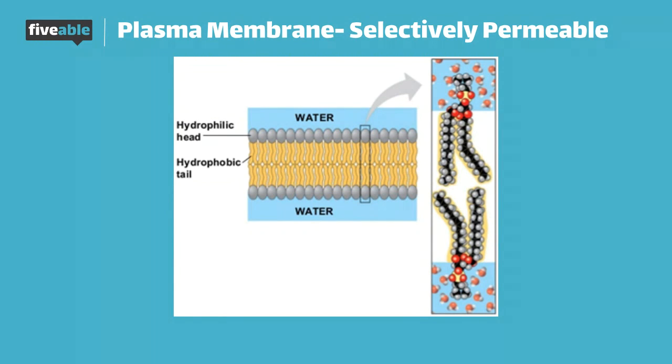Those kinds of things can slip through the membrane really easily, because they're also hydrophobic non-polar things, and they can just squeeze through because the hydrophobic tails have no problem with them, okay? So those things are not going to be repelled by the fatty acid tails, whereas polar things and other charged things like water would indeed be repelled by them.